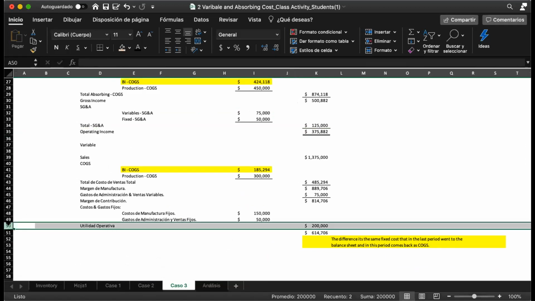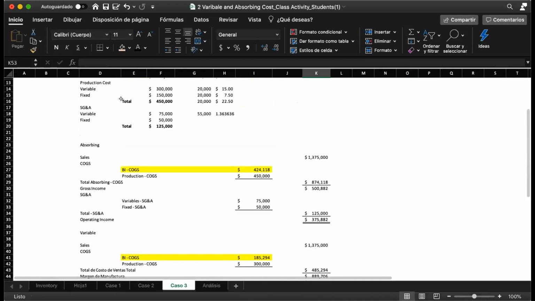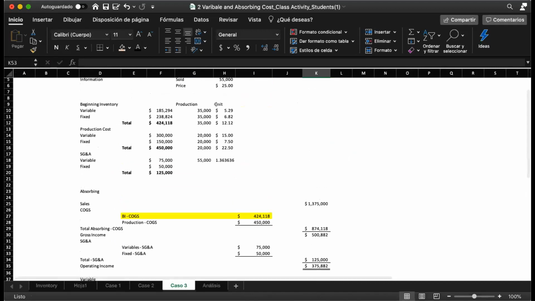That one minus that one, the 614 minus the 375 or inverse, it's the same. So that number has to be the same number as the fixed cost of the beginning inventory. So go to the top of your page and look for the fixed cost of your beginning inventory and see if it is the same value.